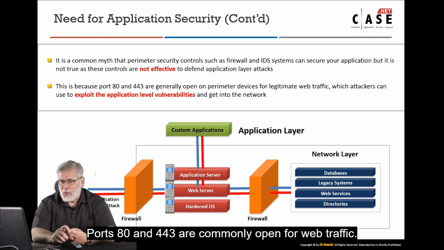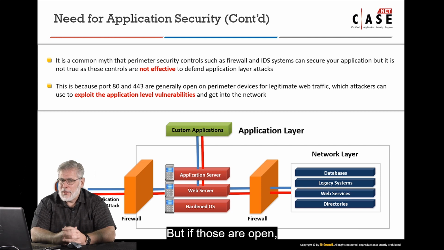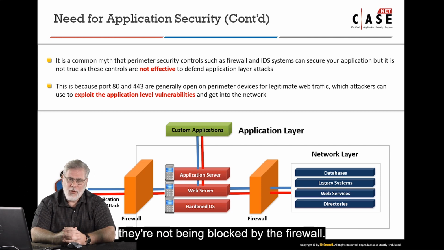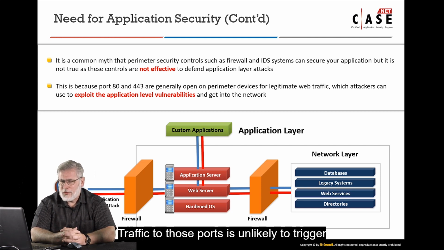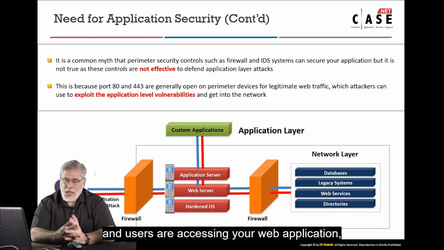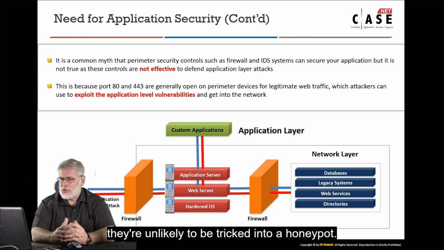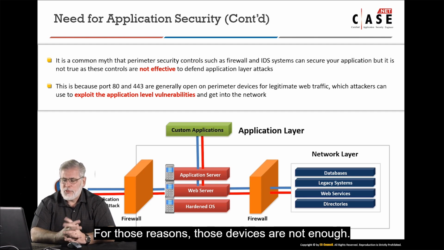Ports 80 and 443 are commonly open for web traffic. Well, if those are open, then they're not being blocked by the firewall. Traffic through those ports is unlikely to trigger an intrusion detection system. And users accessing your web application are unlikely to be tricked into a honeypot. For those reasons, those devices are not enough.